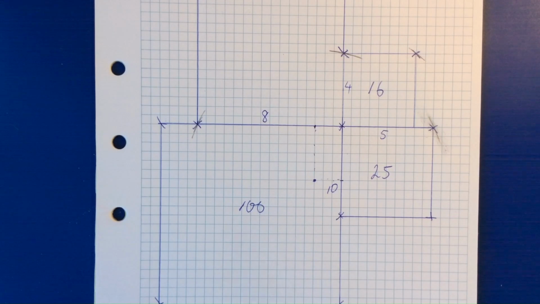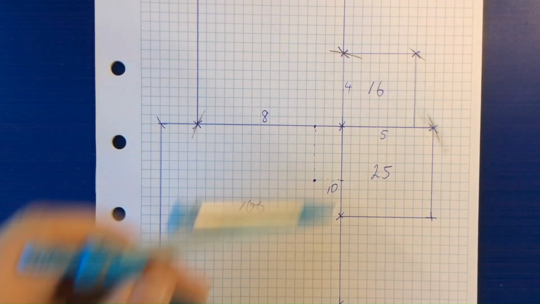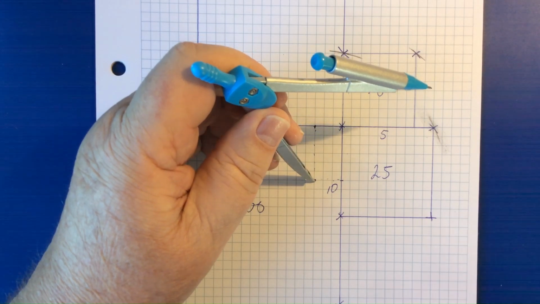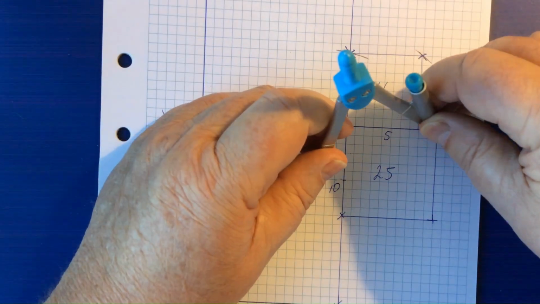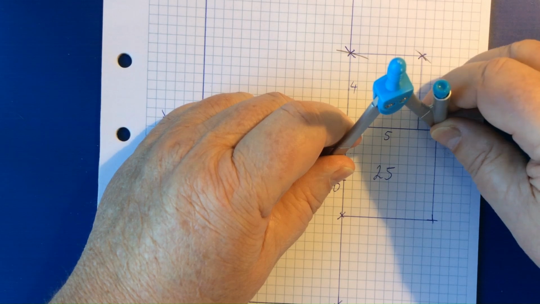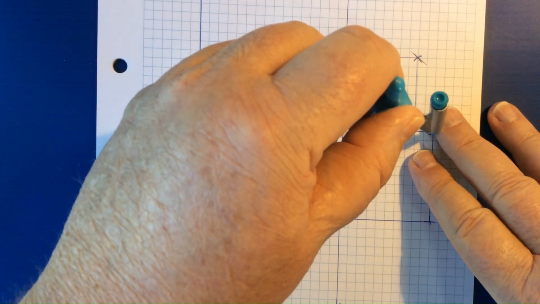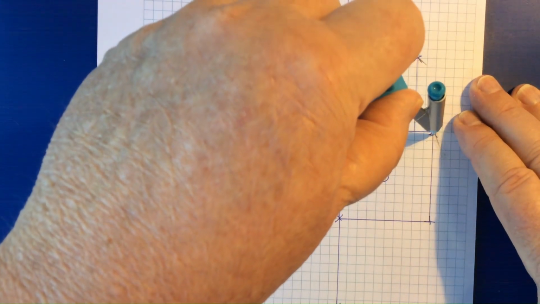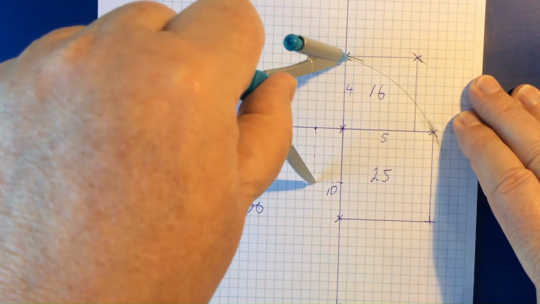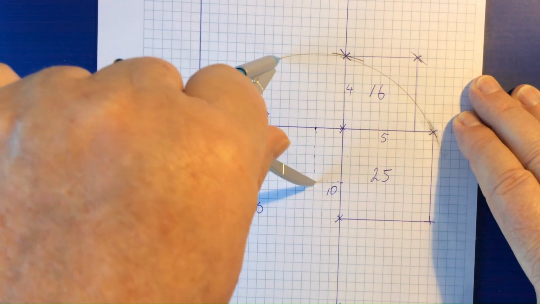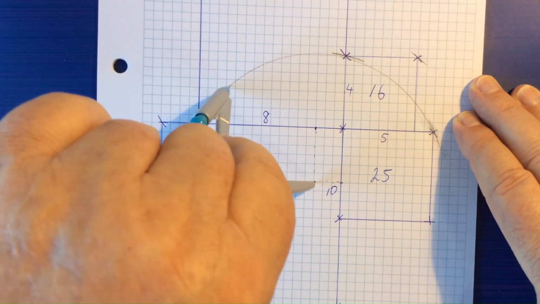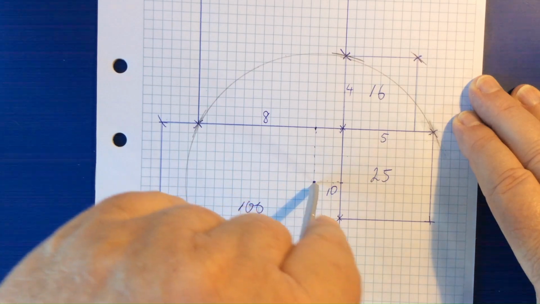Now, this is the part of the construction that sets out to show that this circle can exist. So if I place my compass here and here, and just bear with me because I'm not the world's greatest drafts person, but what I get is the following.